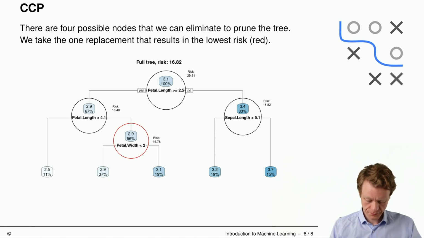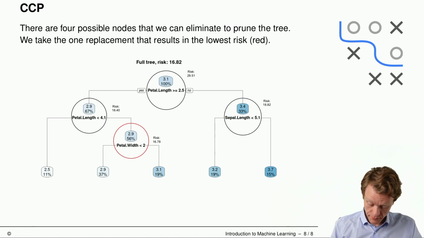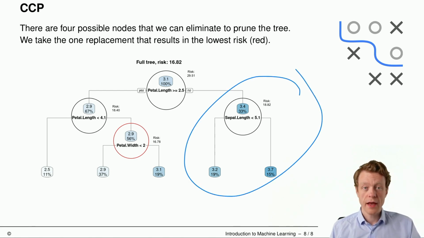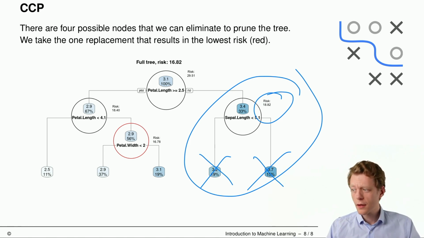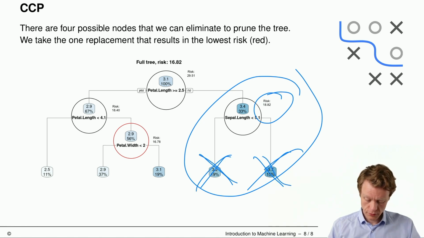And then we can compute the regularized risk which results by doing this, so by replacing the internal nodes by leaves. So for example, here on the right hand side, if we replace this internal node by a leaf, then we just cut away this and that, and here, perhaps a little bit small, is the resulting regularized risk by pruning those 2 leaves.